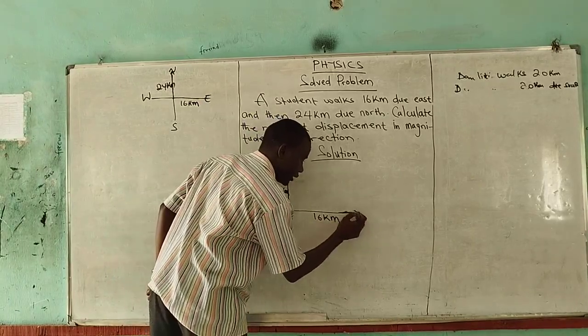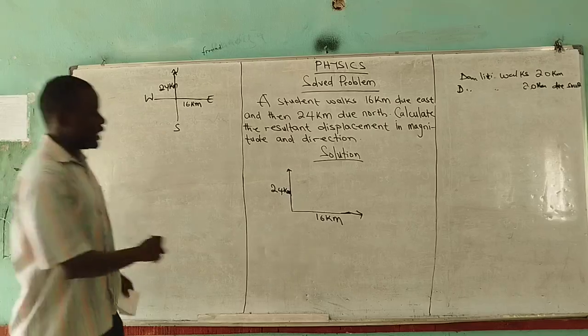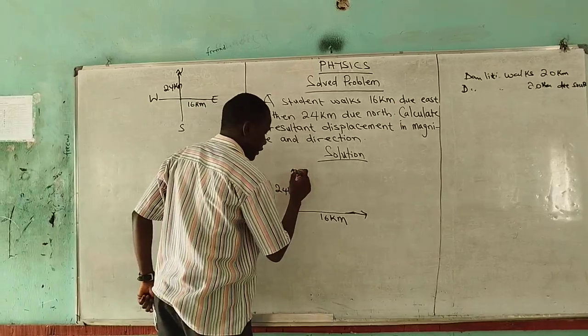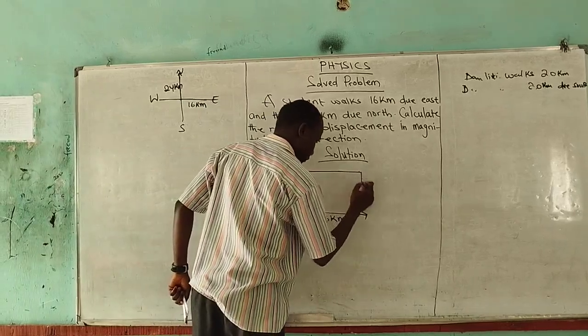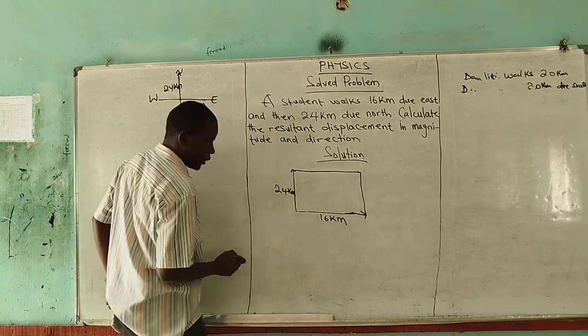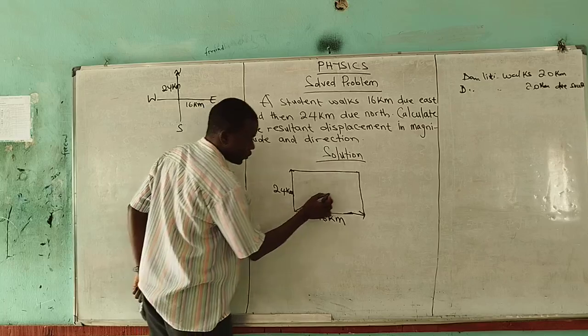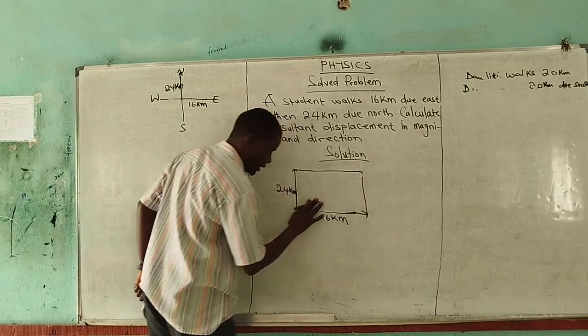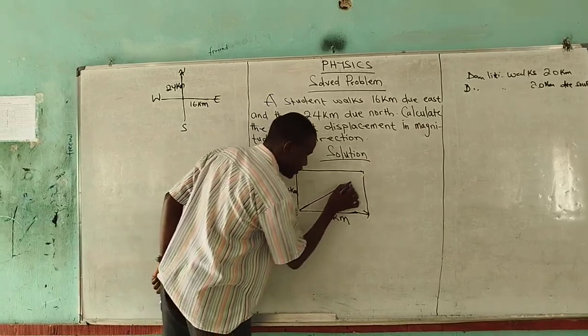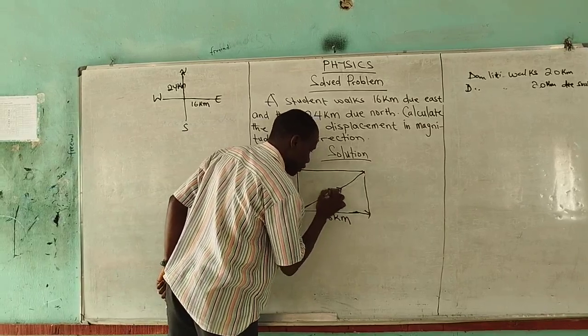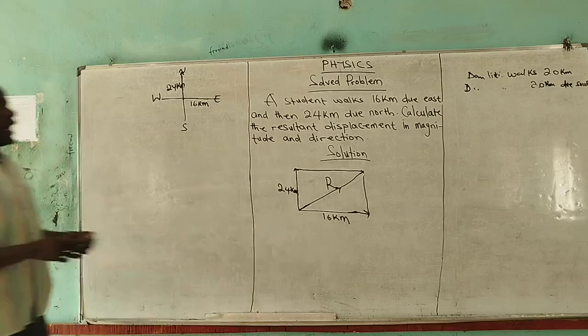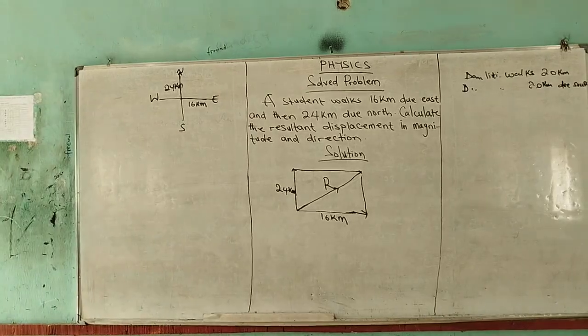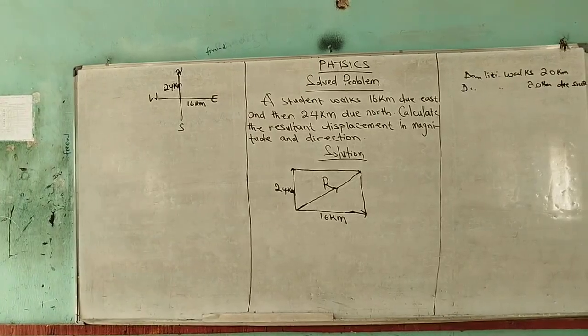This one, just like this. So let's complete the diagram. So you see? So we want to find this one. This is the resultant. This is the resultant displacement. We call it what?